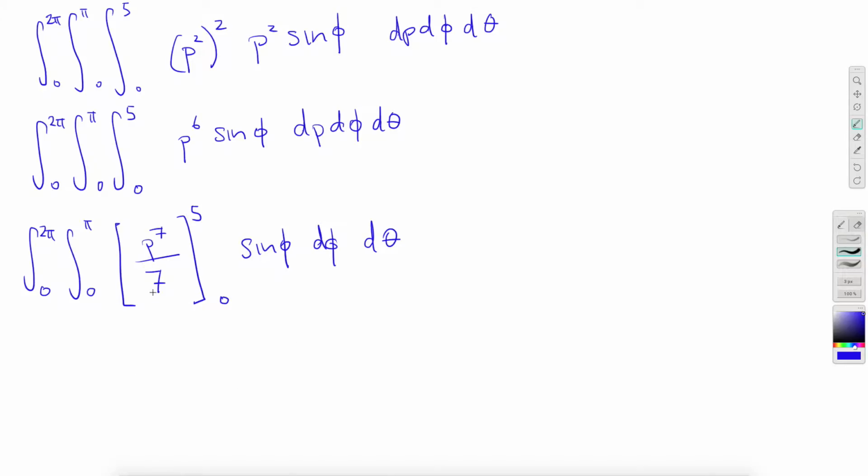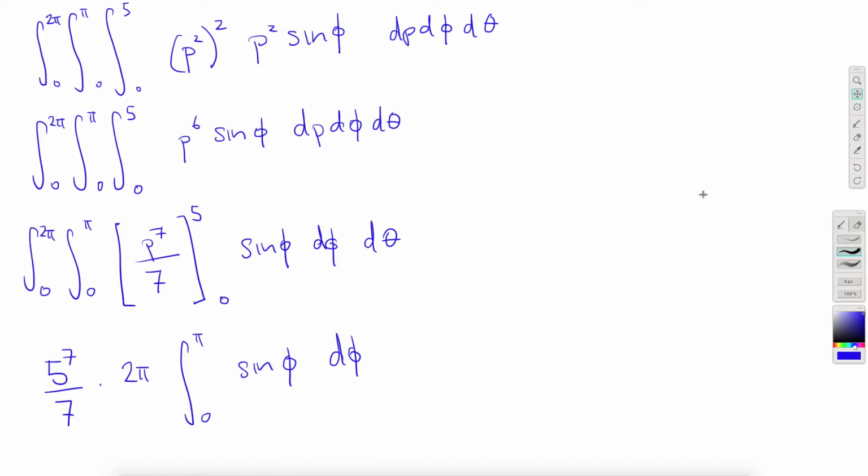You're not going to solve this, this is way too hard, so we're just going to take it out the front, 5 to the 7 on 7. I'm going to cheat as well. I'm going to times it by 2 pi because there's no thetas in there. We can just take the 2 pi out.